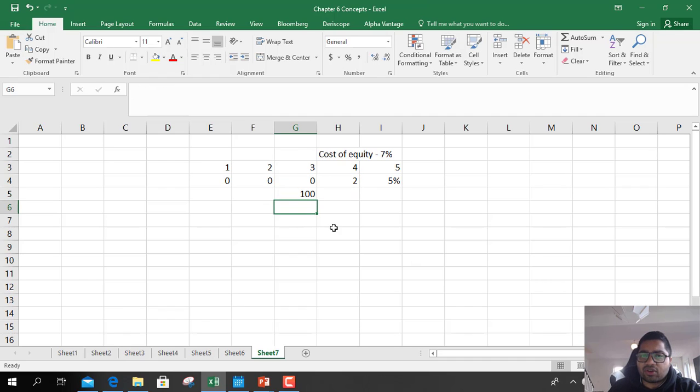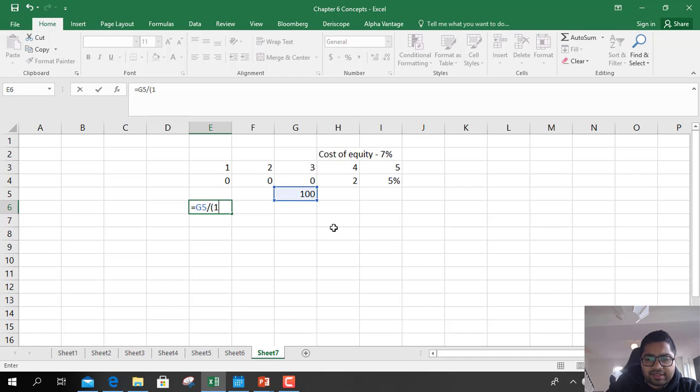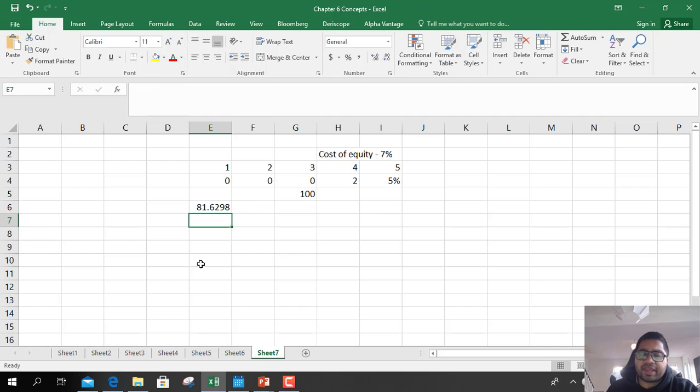So it comes to $100, and then you discount it back to today's terms. So at year 3 the value is $100; discount this by 7%. So the stock price should be $81.